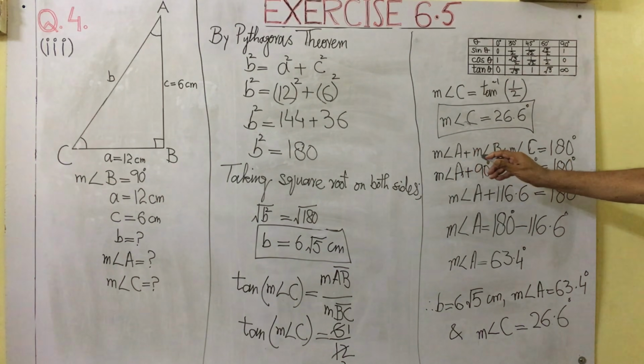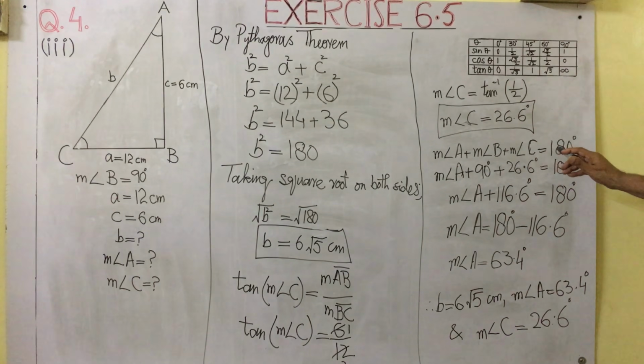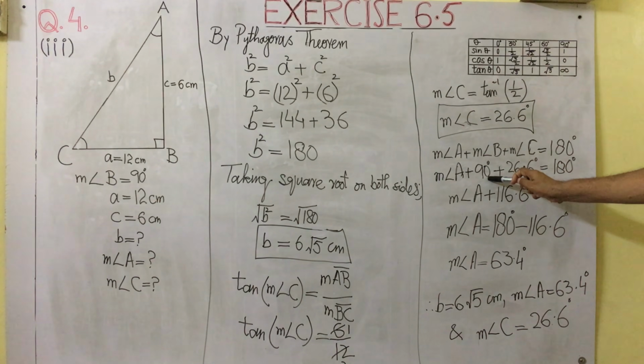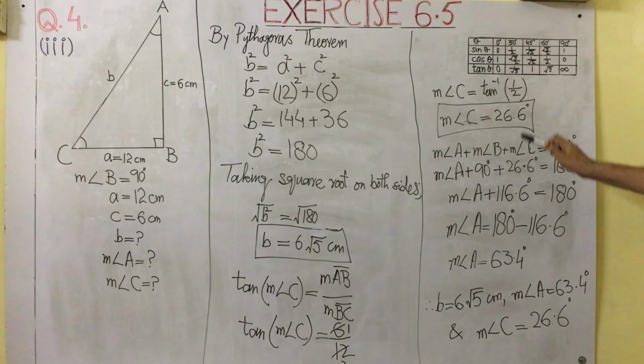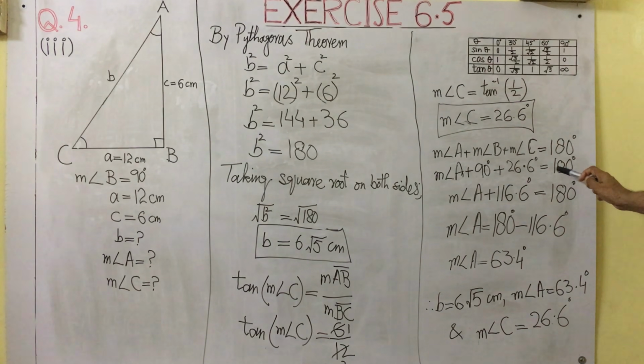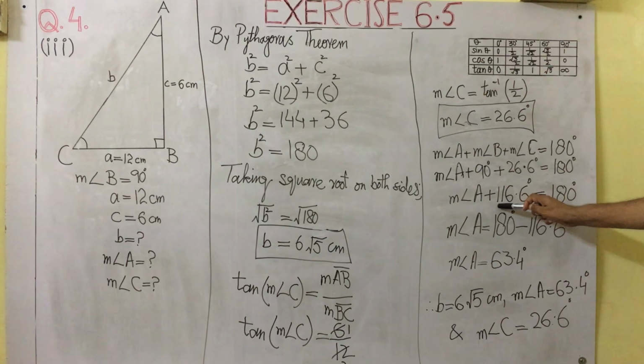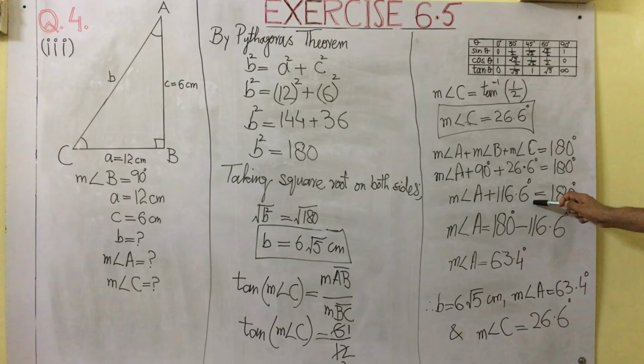We know that the sum of all three interior angles of a triangle is equal to 180 degrees. Putting the values, angle B is 90 degrees, angle C is 26.6 degrees. Adding 90 and 26.6, it becomes 116.6 degrees.